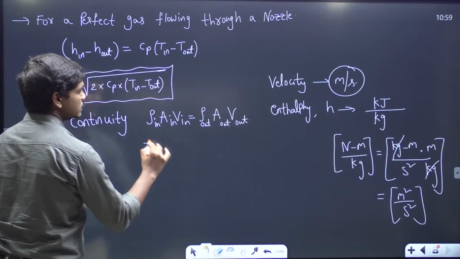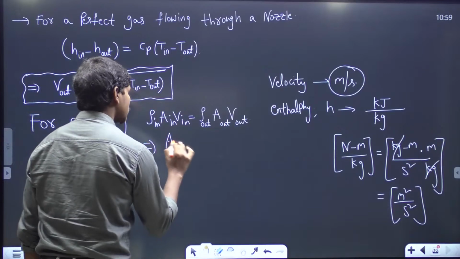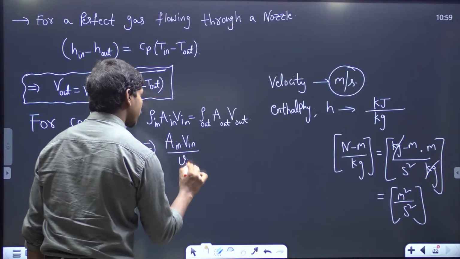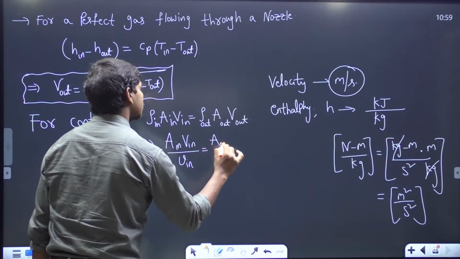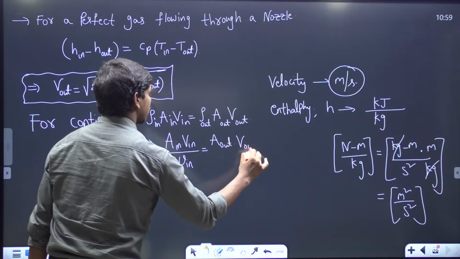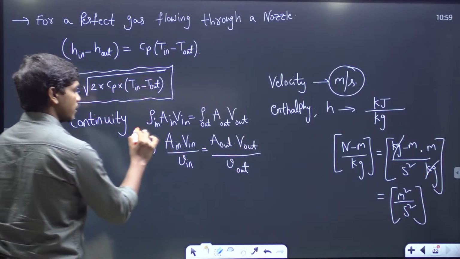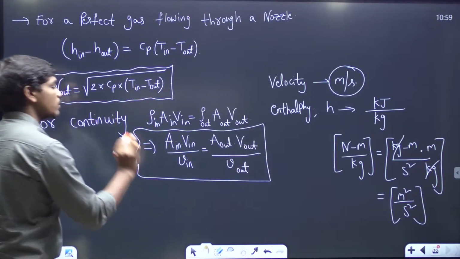And this density can be written as 1 by specific volume. So A in V in divided by specific volume at inlet is equal to A out V out divided by specific volume at outlet. So this is also one equation.